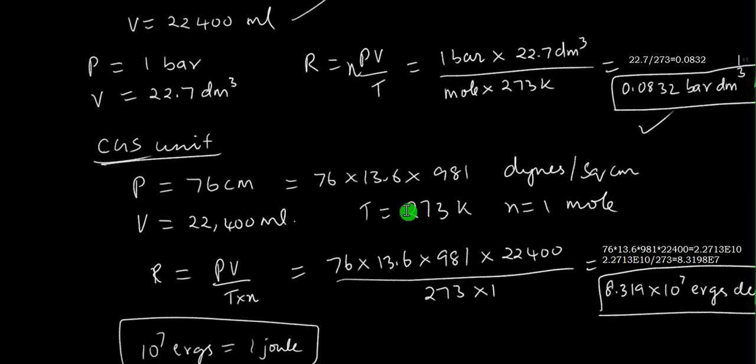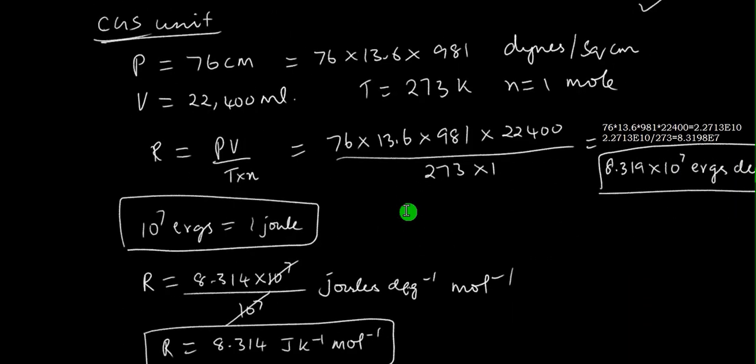We will not use CGS units directly; we will convert them. For example, if you take pressure as 76 centimeter, which is nothing but 76 into 13.6, the density of mercury, into 981 g, this will be in dynes per square centimeter.